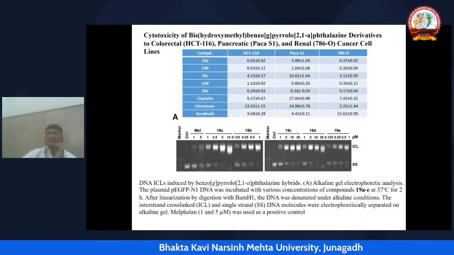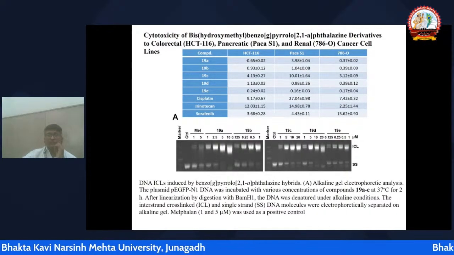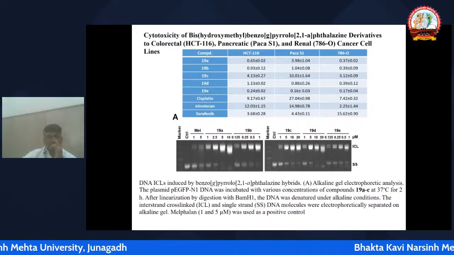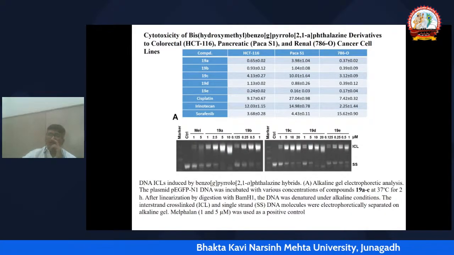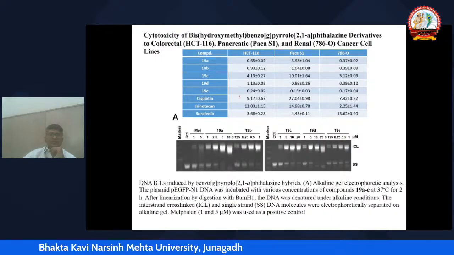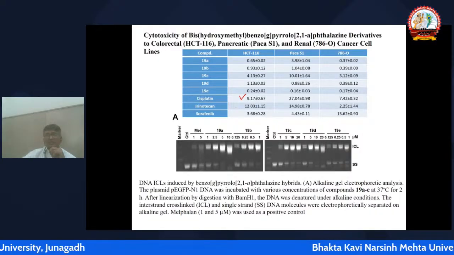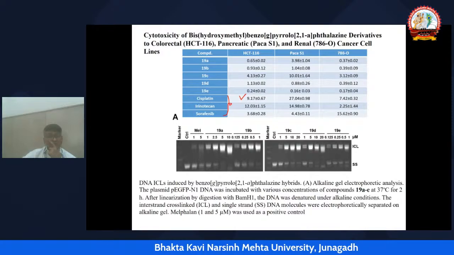We can see that all of the compounds 19A to E give promising biological activity in comparison with the reference standards cisplatin, irinotecan, as well as sorafenib. We have taken these three as reference drugs.